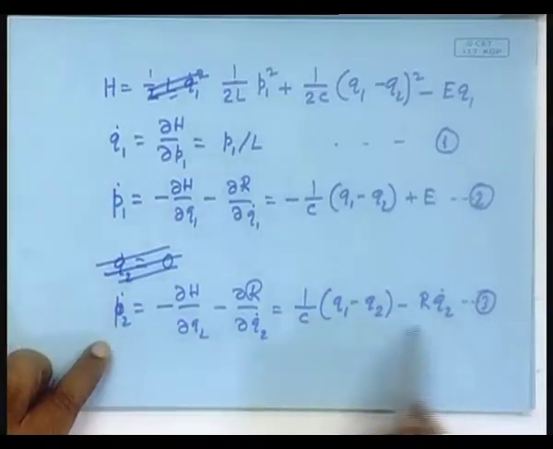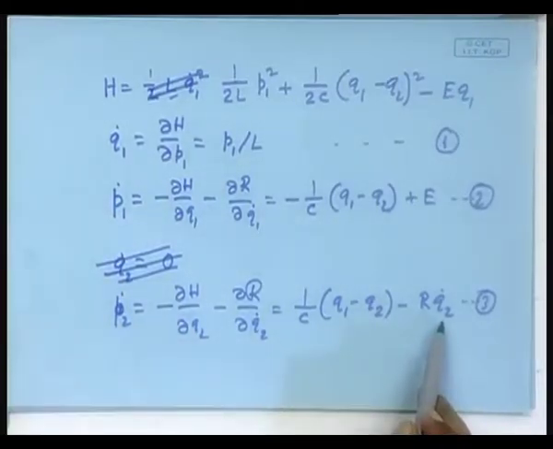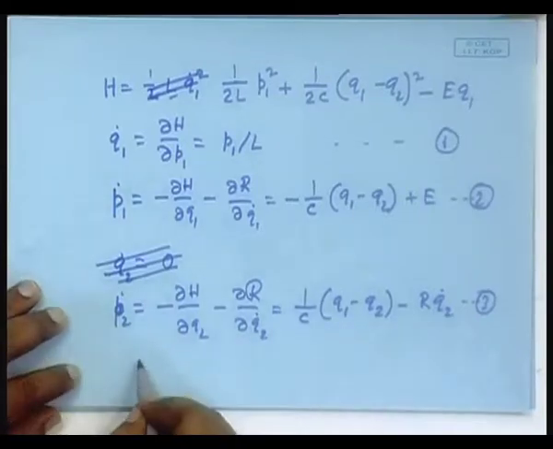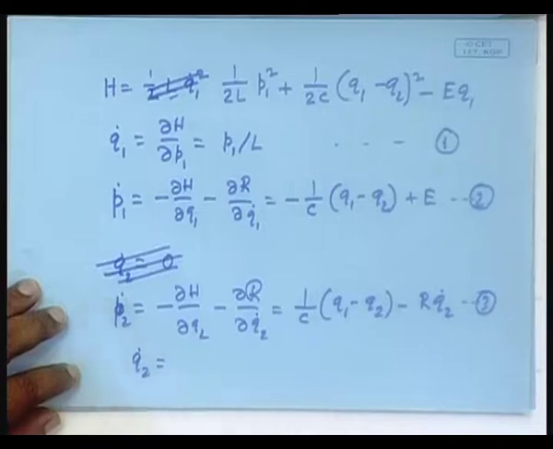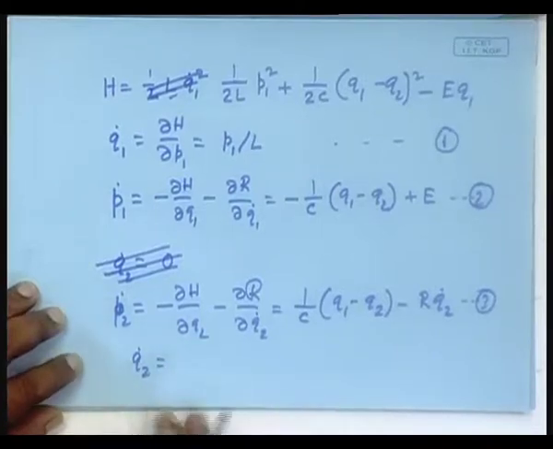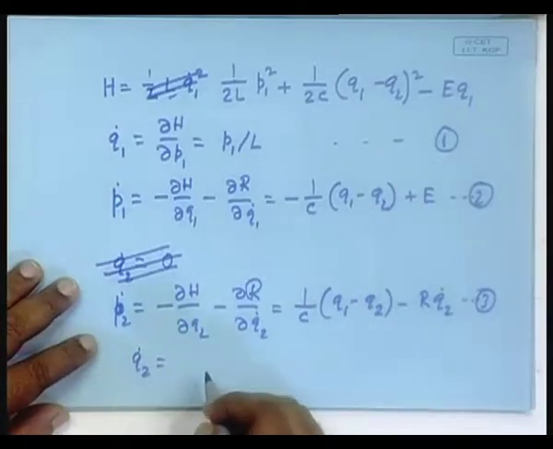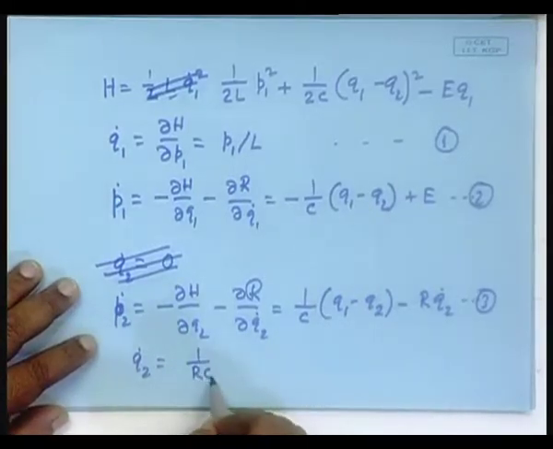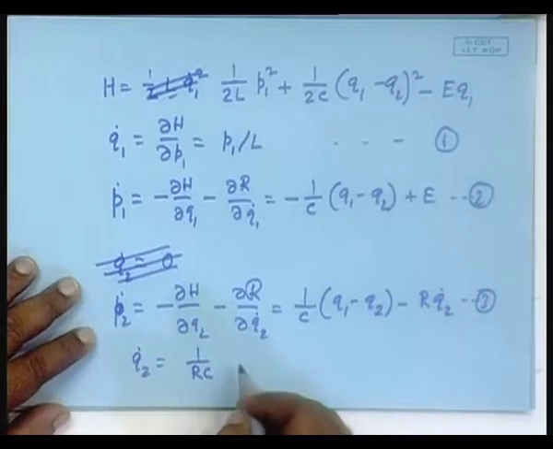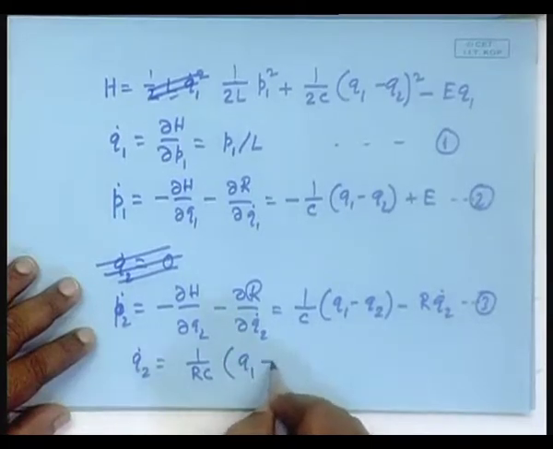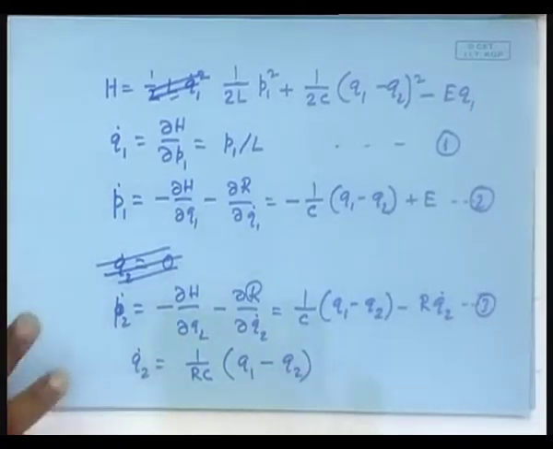If P2 dot is 0, we now have Q2 dot, right. From here we will be able to write Q2 dot is, this goes in the other side, 1 by R C, can you see? Yes, (Q1 minus Q2), that is it.